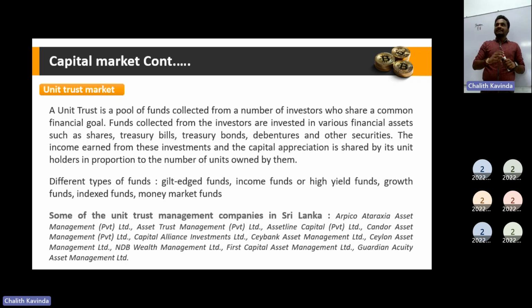Some people have funds and know how to invest, but they don't have time. I'm not considering short-term investment. If it is a long-term investment, you are putting your hard-earned money into different investment opportunities, so before doing that, you need to consider more things.